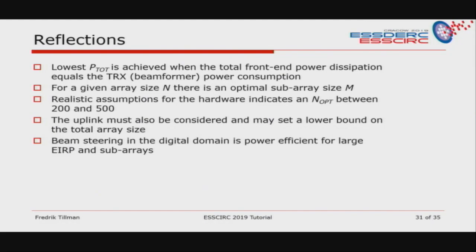And then we have the beamforming part that consists of the transceivers we will use in order to produce data streams to the subarrays. And when they are equal in power, we get some kind of optimum. So that's an important observation.